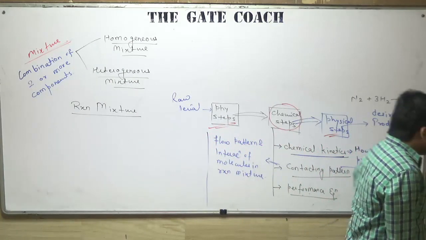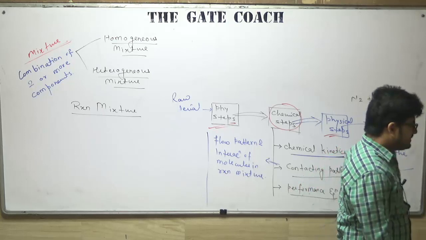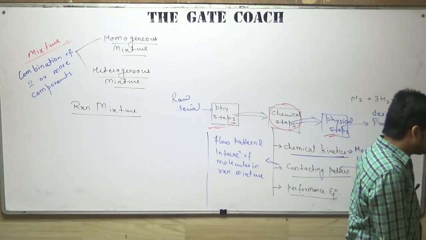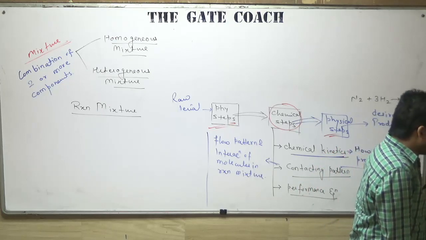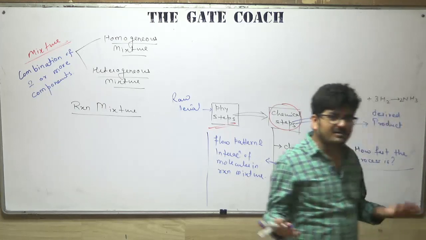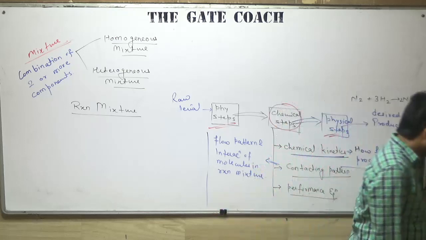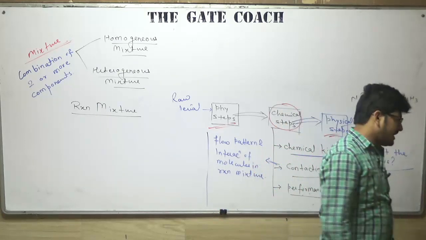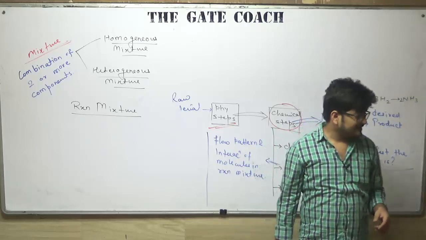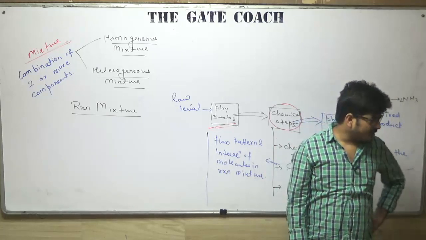Same phase. Homogeneous mixture, same phase. Okay. Mixture which exists in same phase, I guess. Reactant, product and catalyst in same phase. Where is the reactor? I am talking about the mixture. Reactant where did it come from in this? One phase. Okay. Same phase. Now there is a point.